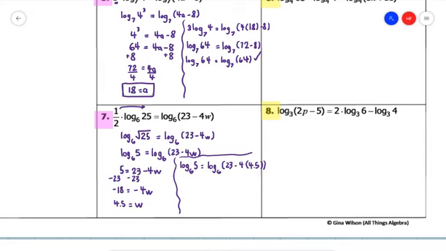And 23 minus 4 times 4.5 is 5. So log base 6 of 5 does equal log base 6 of 5. They're non-negative. So 4.5 is w.